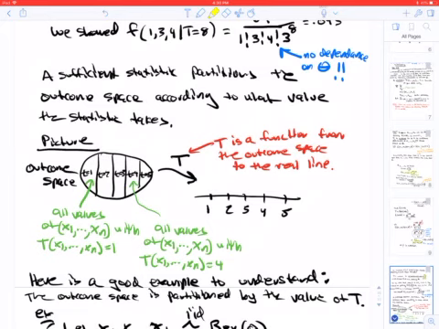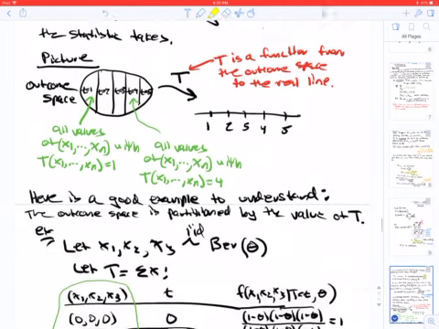Basically, you can have many different values of x1 to xn that have the same value under the statistic, right? So like if the statistic is the sum, you can have a lot of numbers that sum to 5, for example. So your outcome space gets partitioned into those outcomes that have the same t value.